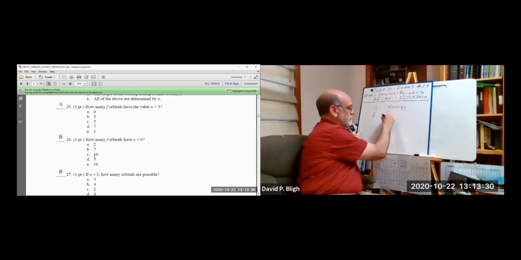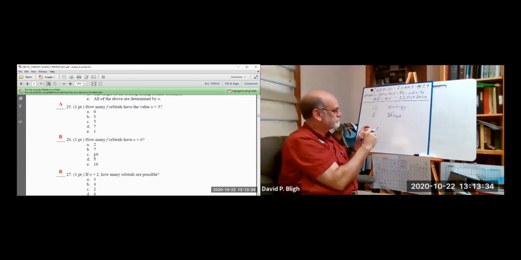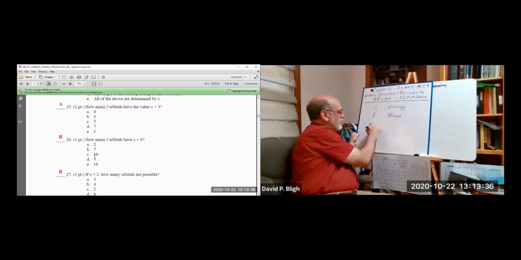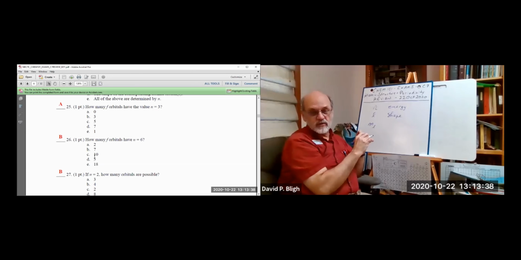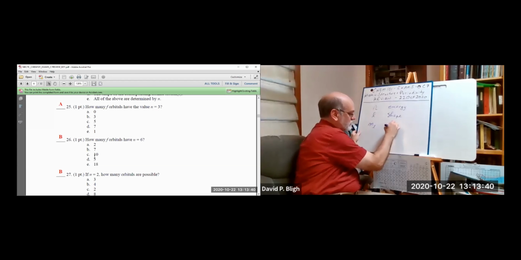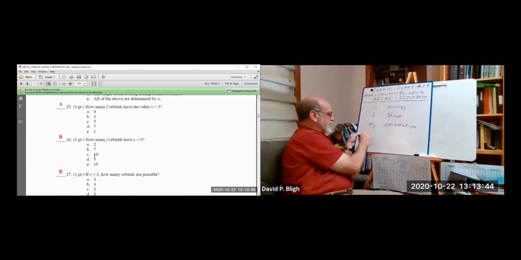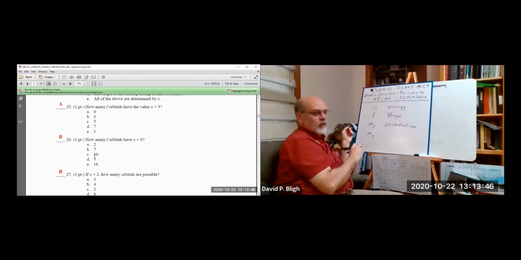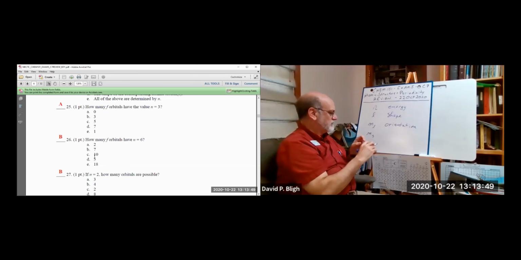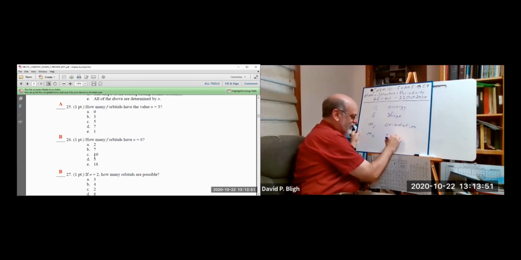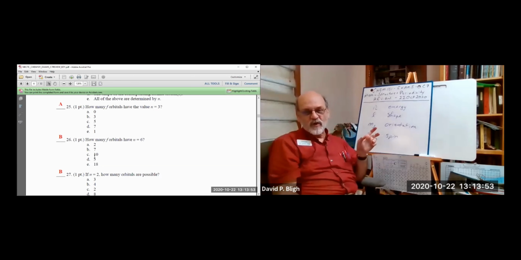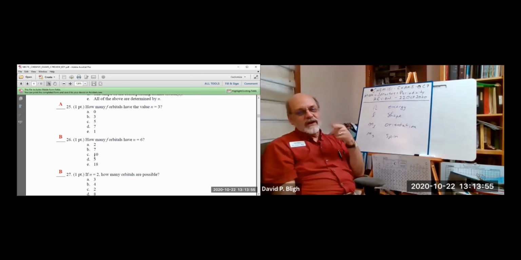Basically shape. What's the shape of the orbital? Magnetic quantum number has to do with orientation. And spin quantum number has to do with spin. Can't say it any other way. It's either spinning this way or it's spinning the other way.